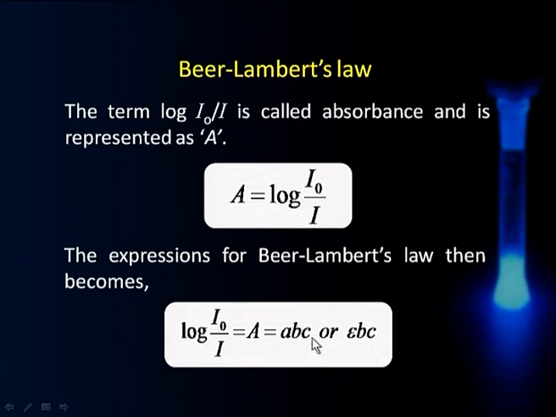ABC is used when concentration is in gram per decimeter cube, and epsilon BC when concentration is in mole per decimeter cube. A is absorptivity and epsilon is the molar absorptivity, and B in both cases happens to be the thickness of the medium in centimeter.